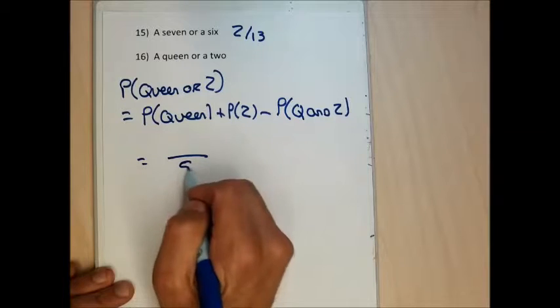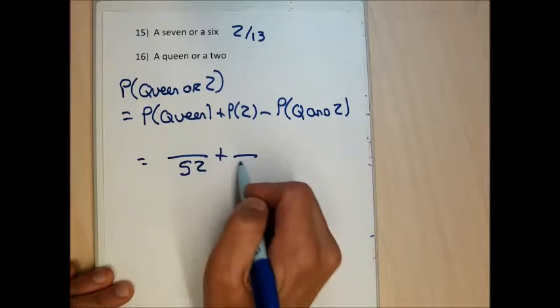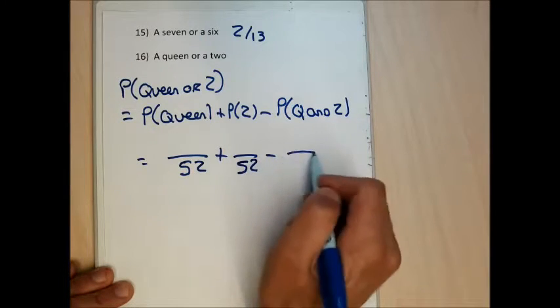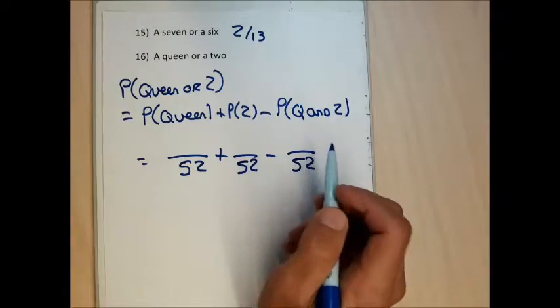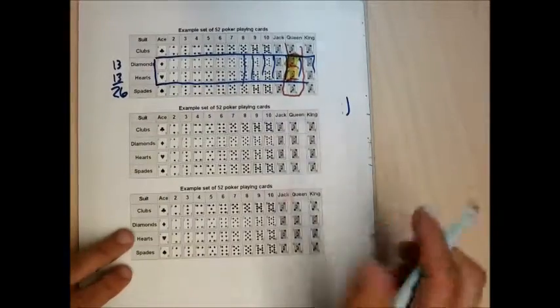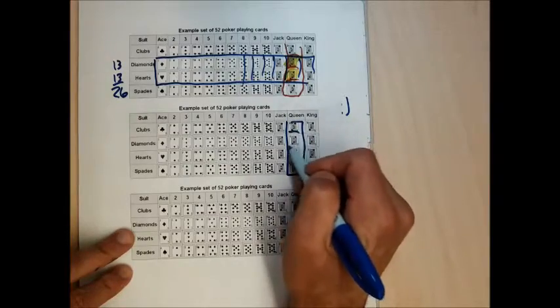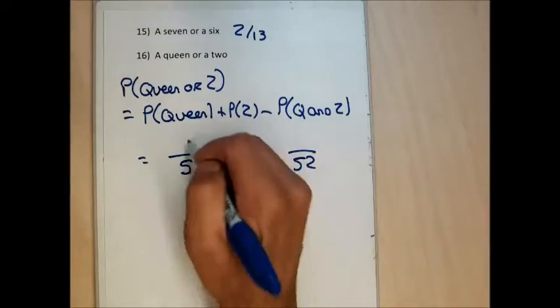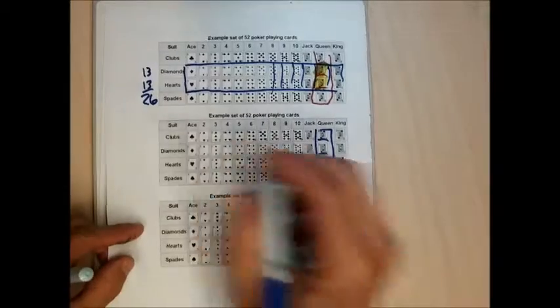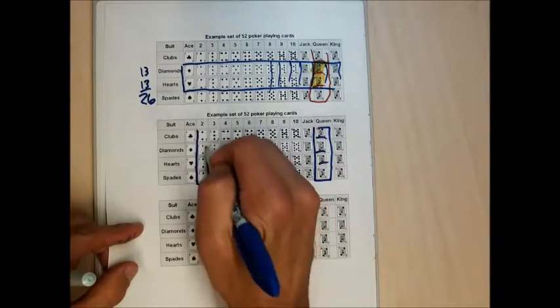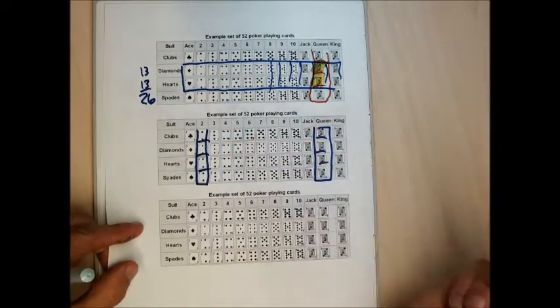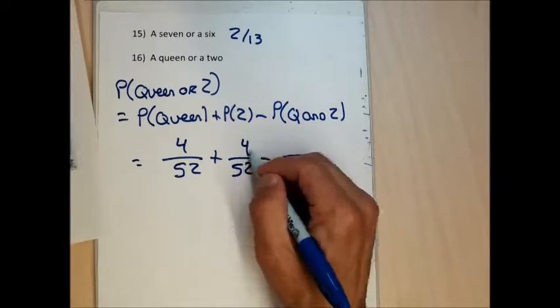Each of these fractions is going to have a 52 in the denominator because I'm picking one card from a deck of cards. And when I go to figure out the numerator, the first fraction, because there's 4 queens, is going to have a 4 in the numerator. The second fraction, because there's 4 twos, is going to have a 4 in the numerator.